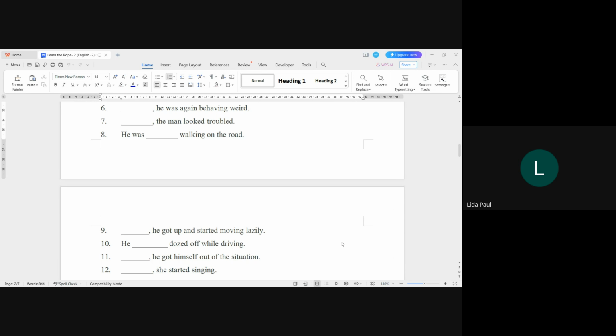Okay. The 10th one: He dash dozed off while driving.